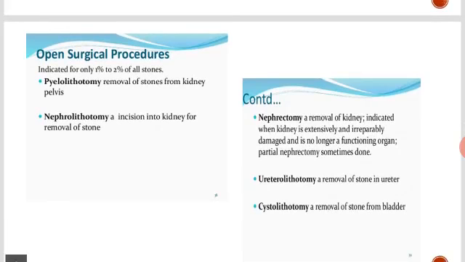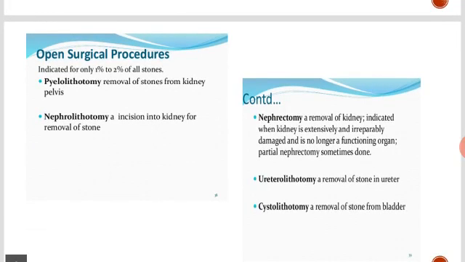We have many procedures to remove these kidney stones. They are pyelolithotomy, removal of stone from kidney pelvis. Nephrolithotomy, an incision into kidney for removal of stone.